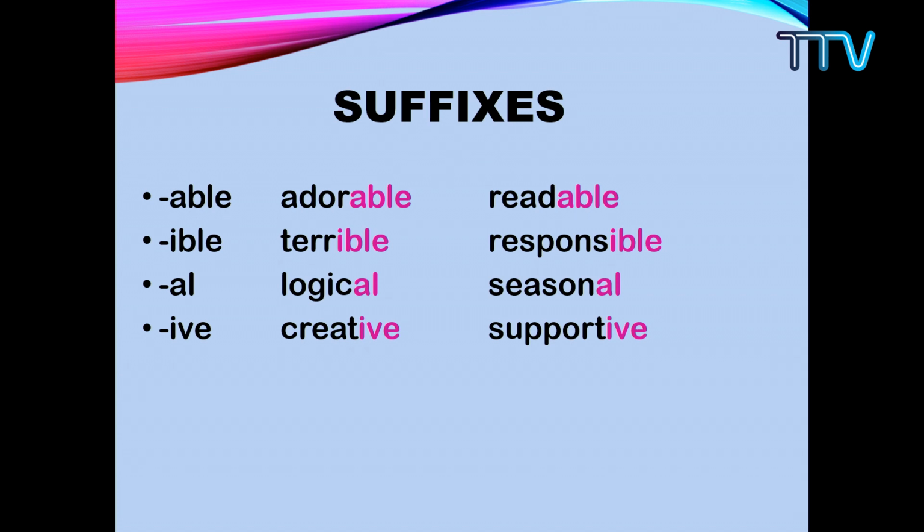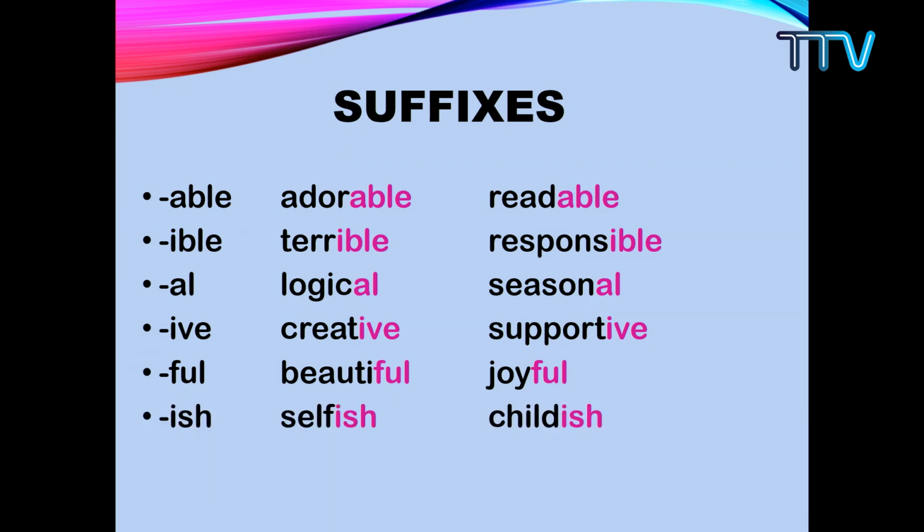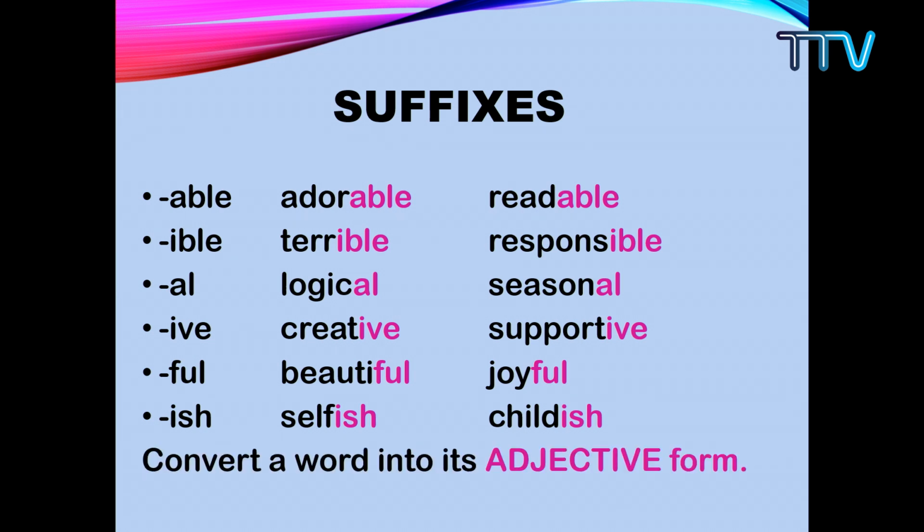Then you have I-V-E, which we just discussed: act, active. Here I have used create, creative. Create is the verb, and when we add I-V-E, it becomes an adjective: creative, supportive. Then beautiful, beauty, beautiful, joyful, hopeful. We can keep on adding ish: selfish, childish. So what do you notice? These are some of the suffixes that I used here.